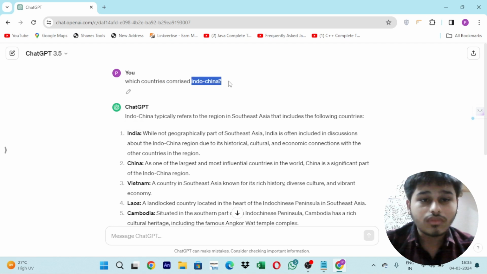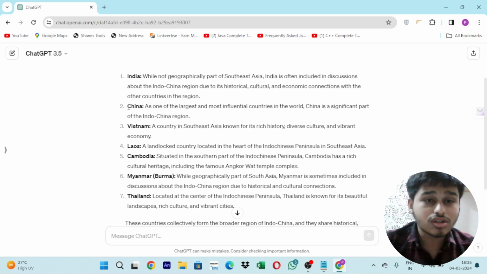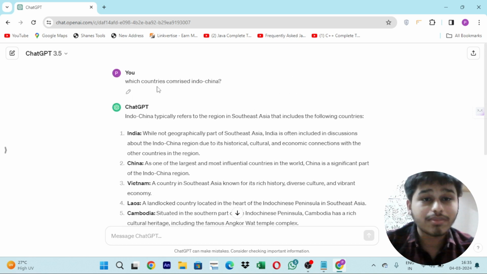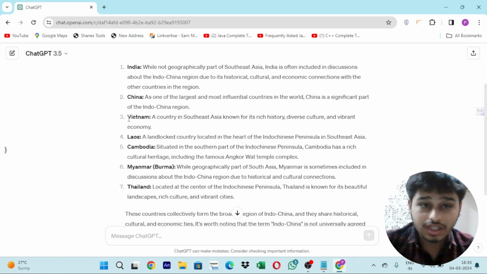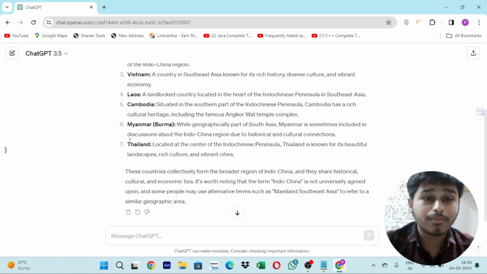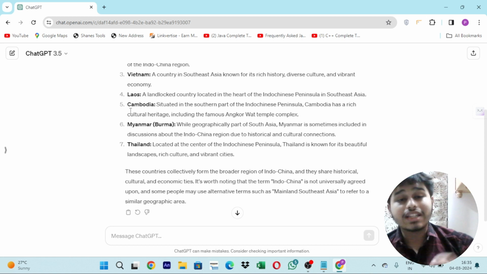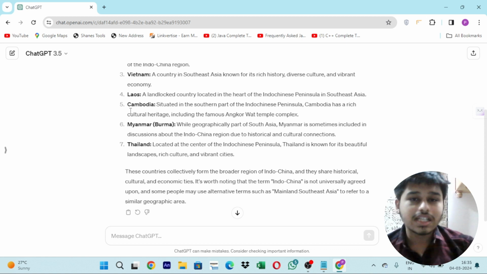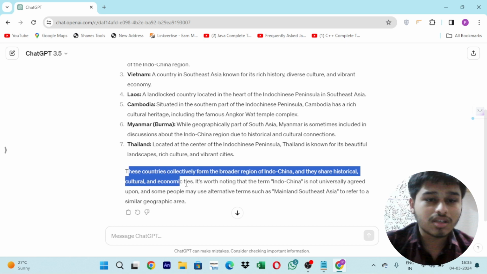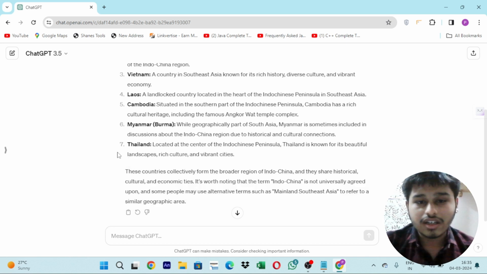Then ChatGPT also explains why China, Vietnam, Laos, Cambodia, Myanmar, and Thailand are comprised. Like this, ChatGPT is explaining why all these seven nations are comprised in Indochina. And finally, ChatGPT also gives us a summary of why these countries are in Indochina.